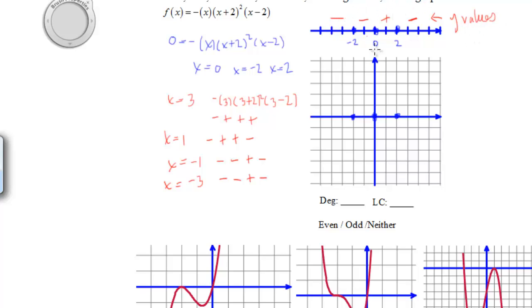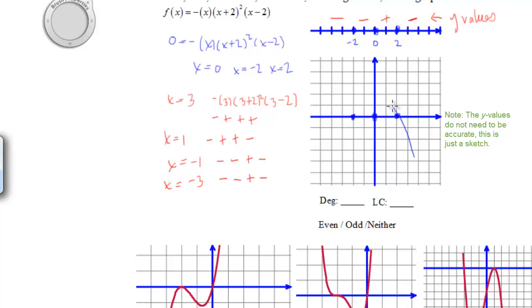Okay, so when you go to sketch this, you know that these are the only places where the graph touches the x-axis, and that everywhere else, for any x value greater than 2, the y values are negative. So I know that the curve starts here, and then as you approach 2, you turn to a positive value.